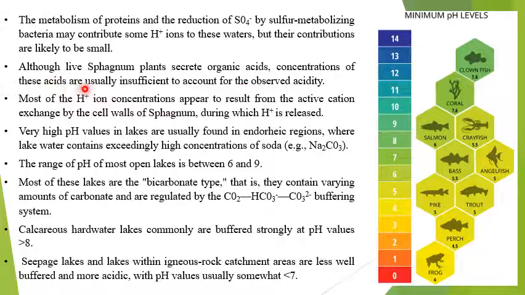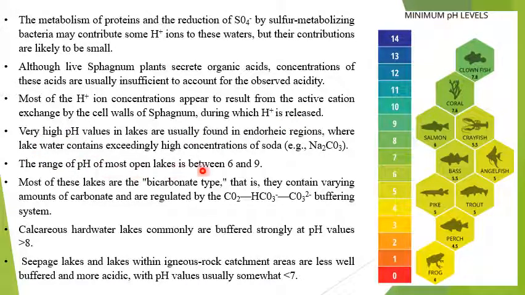The concentration of these acids is usually insufficient to account for the observed acidity. Sphagnum also releases H ion, but its activity is very low, so it can't be measured. H ion concentration appears as a result of the active cation in the wall of the sphagnum, which is released in the form of H+.